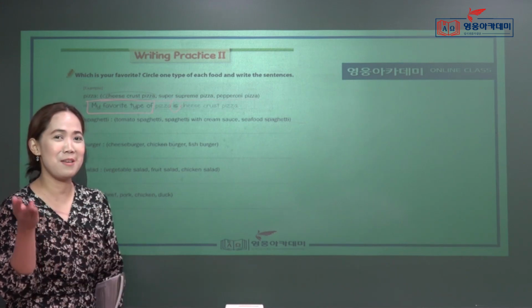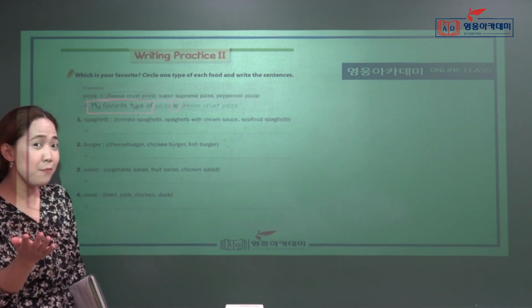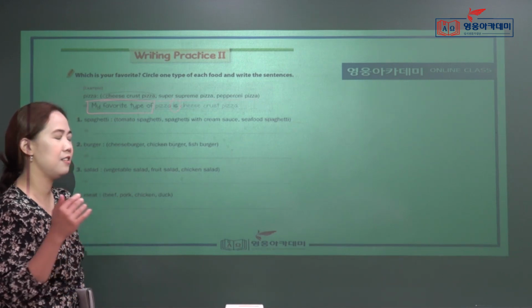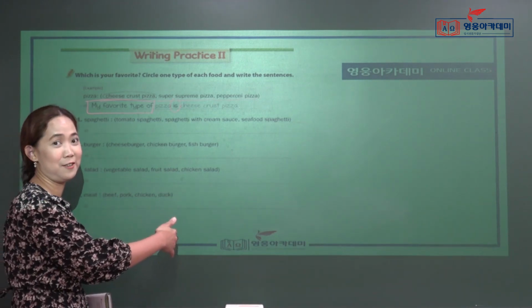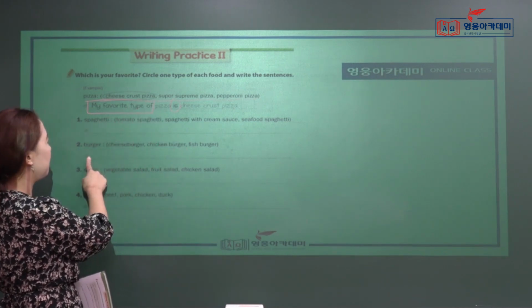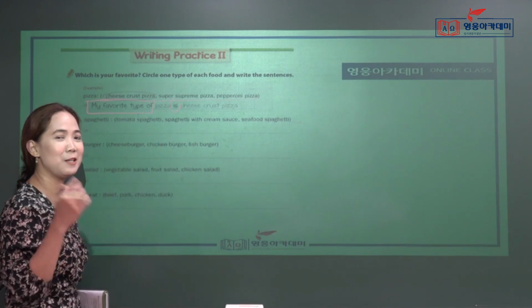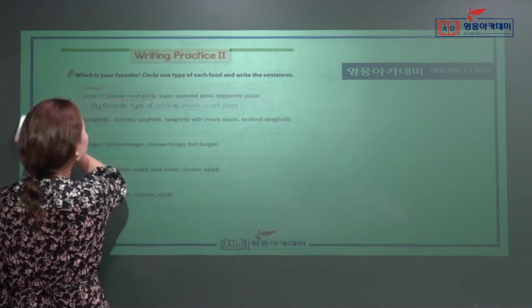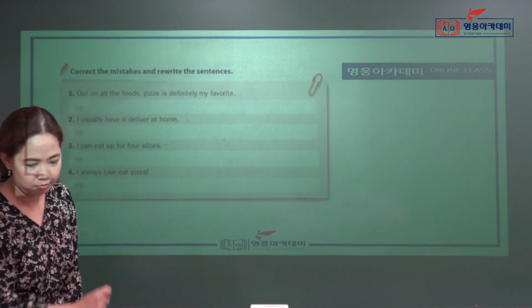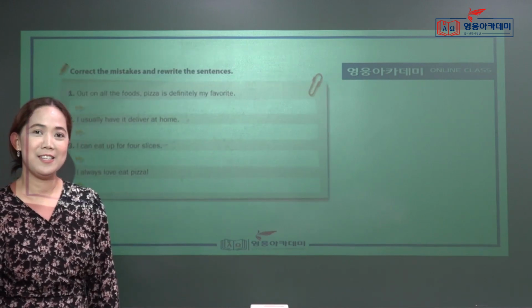Okay, what kind of meat do you guys like? Is it beef? Is it pork? Is it chicken? Is it duck? Write your answers here. My favorite type of, is, okay? Complete your answers. Okay, I guess you're done with that.